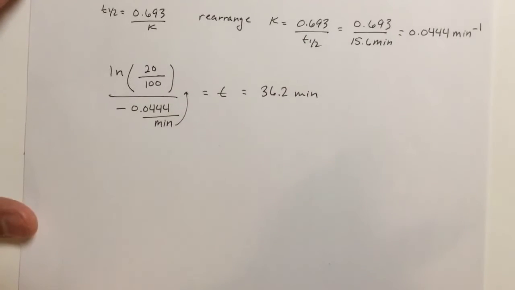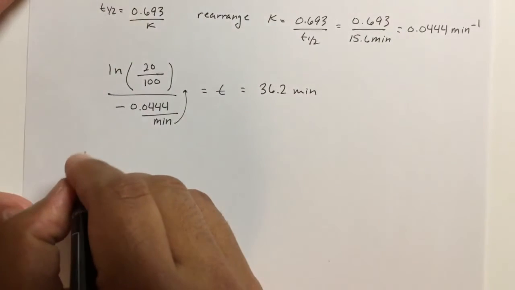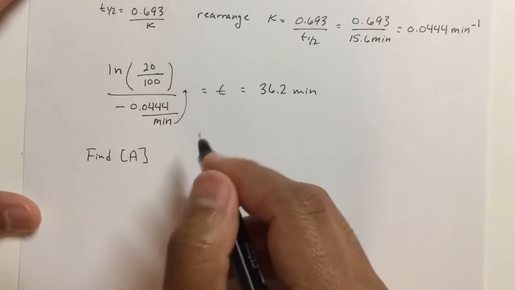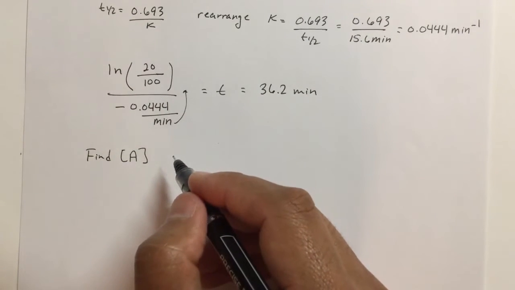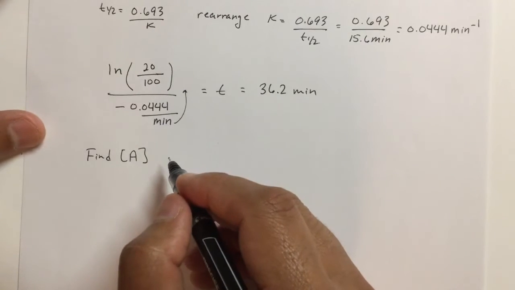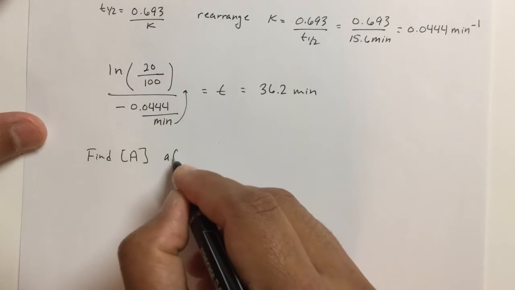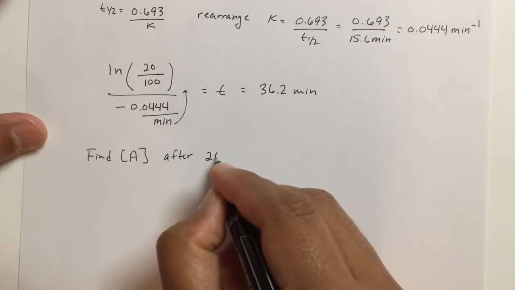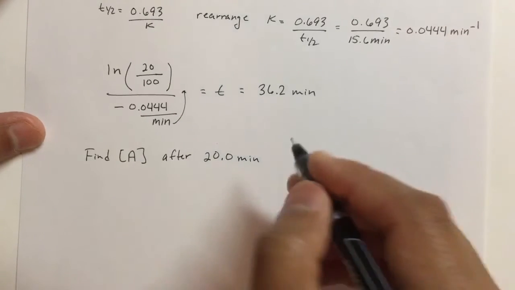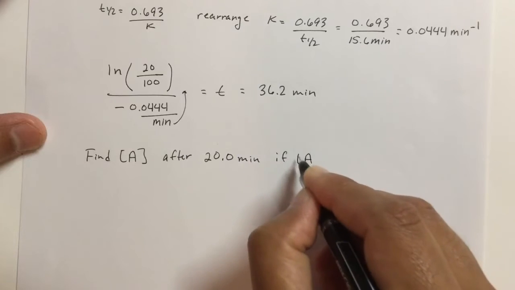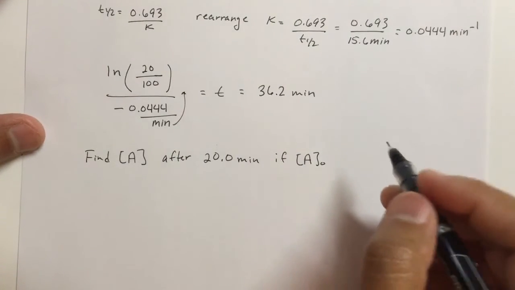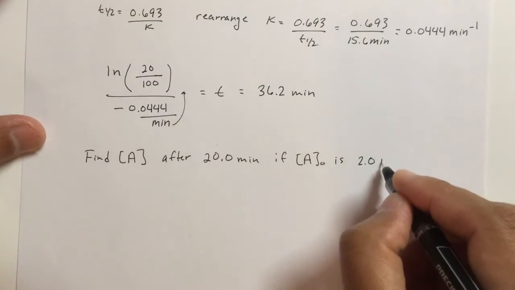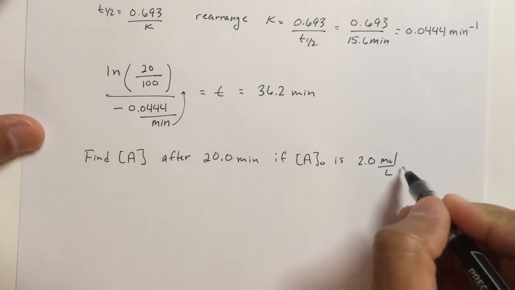Let me give you a second part to this. Let's find the concentration of A after, I don't know, we'll just say 20 minutes, if the initial concentration is 2.0 mole per liter.